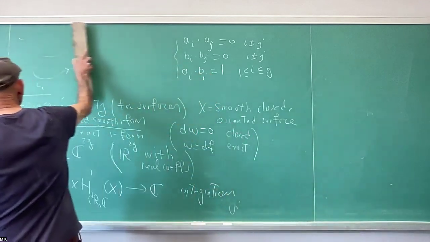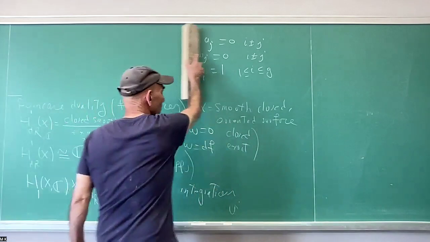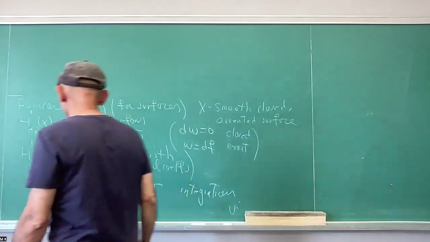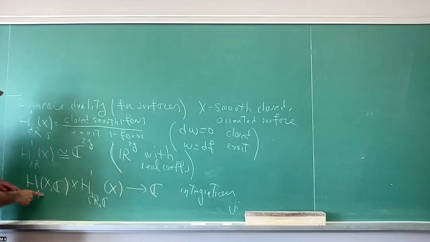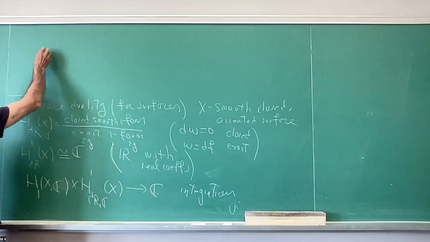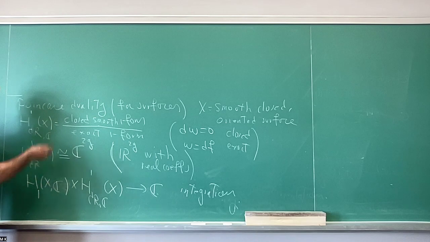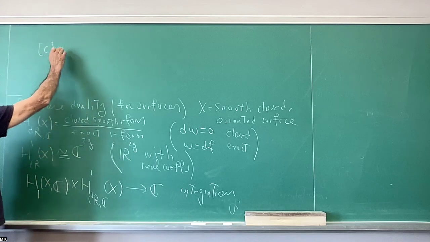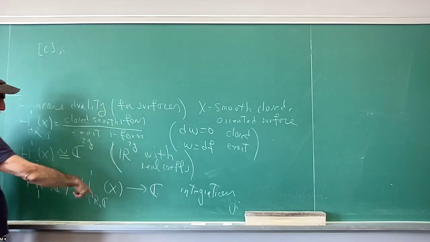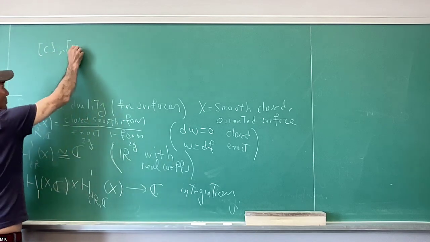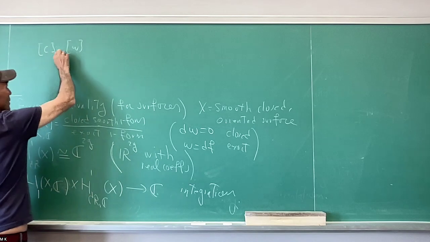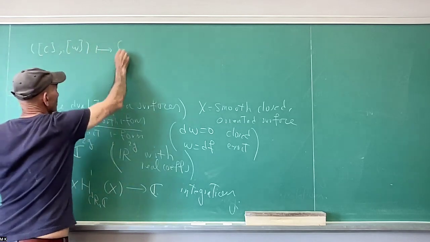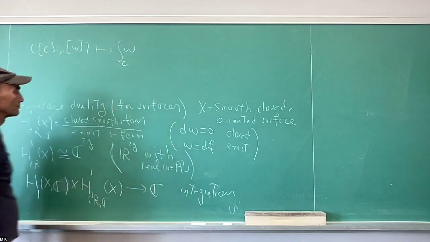It means that if you have a cycle here, and a one-form class of a one-form, it's mapped to the integral of omega over c.